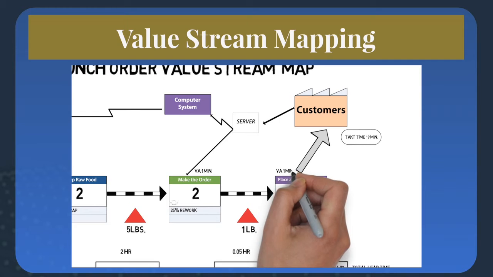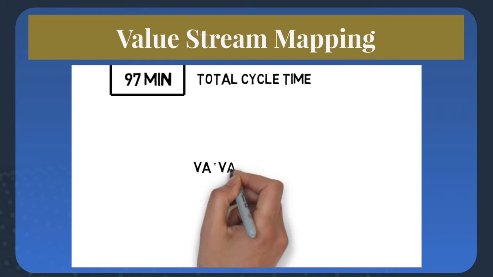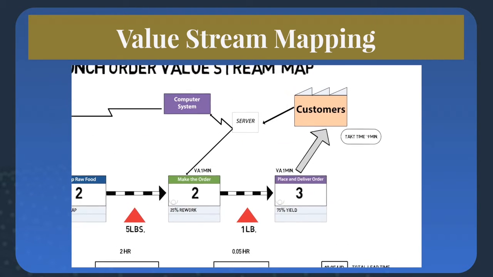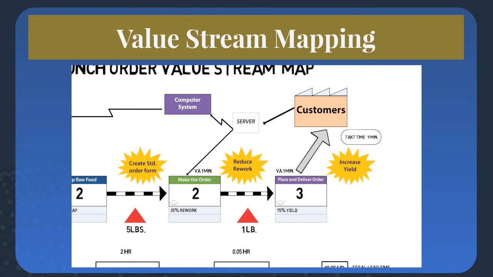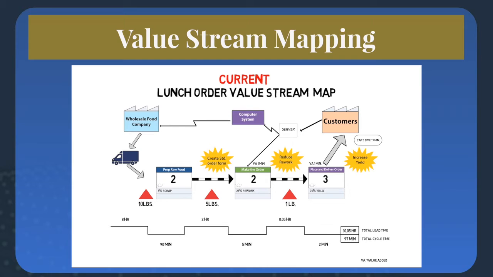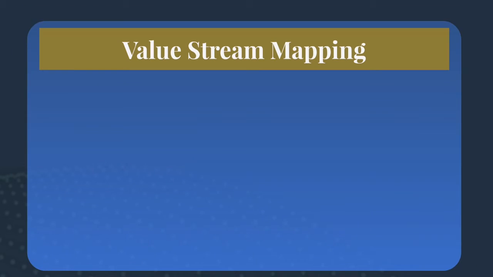At step 6, the current state value stream map has been created. For the 7th and final step, the team will use the VSM they created to identify the waste in the process. It is from these identified areas of waste that you develop action plans or projects that will ultimately eliminate the waste and improve the process.